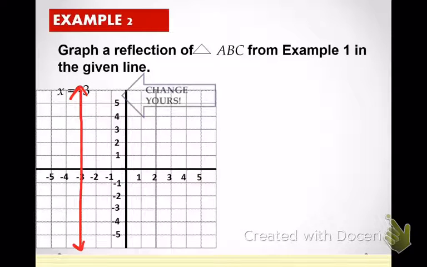We won't use the same figure, we'll just make up some points of our own. So let's say our figure is this triangle. That's our original triangle, the pre-image. We'll call this A, B, C.